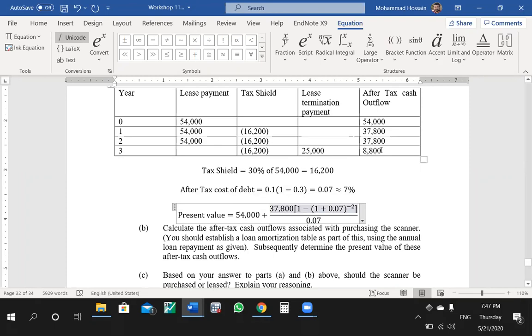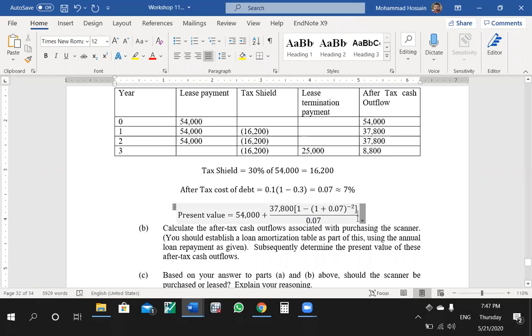So 8,800 we have to calculate with the present value formula. Plus we now do our present value formula again. What is the formula?